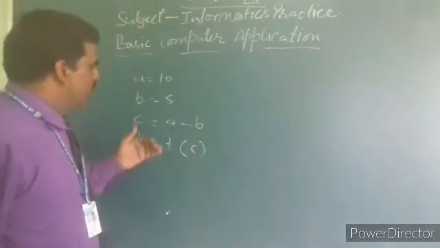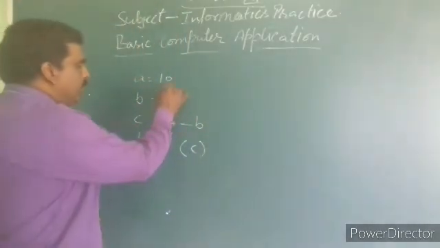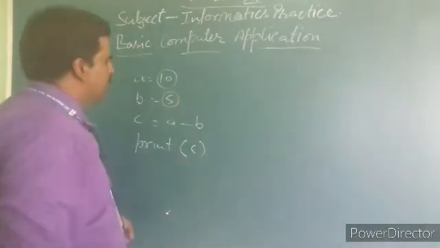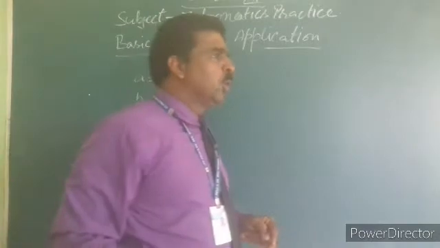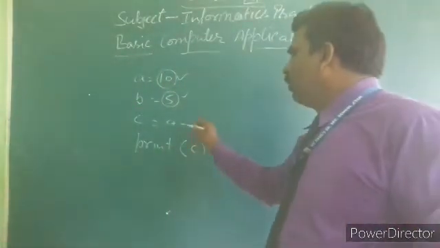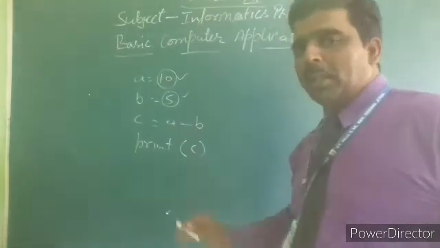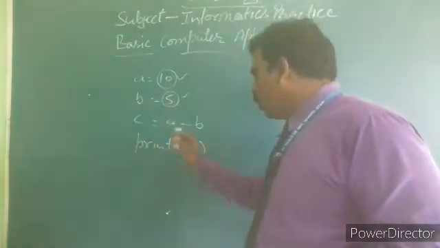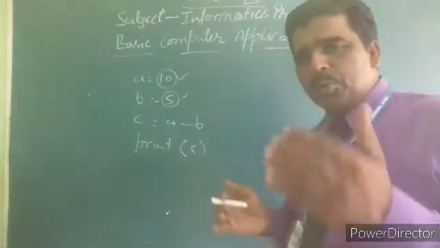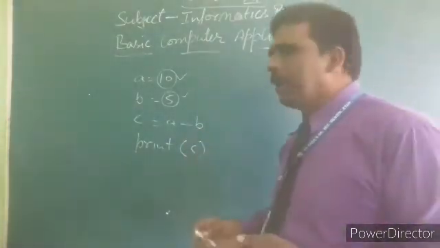In this program you can see one number that is 5 and one number that is 10. From 10, 5 will be deducted, then the result will be stored in the third variable, that is c. So the output will be displayed here.